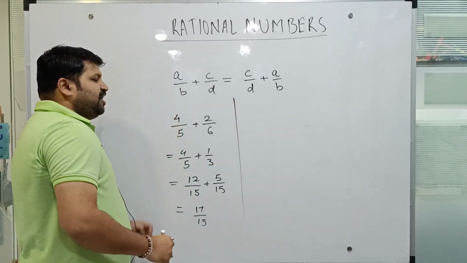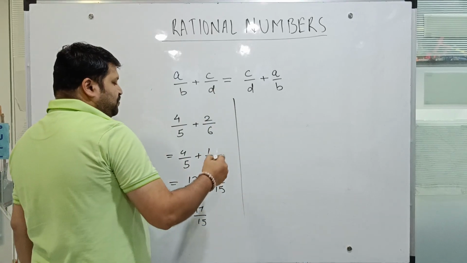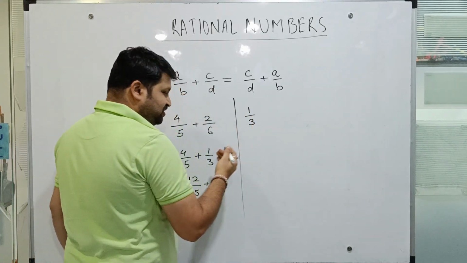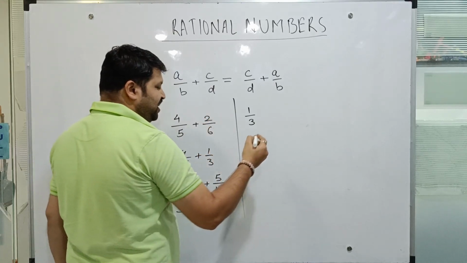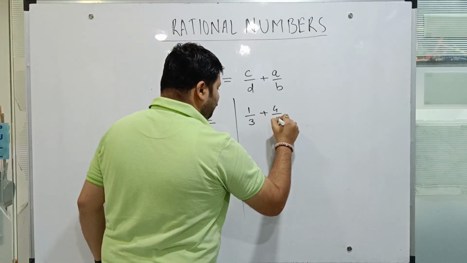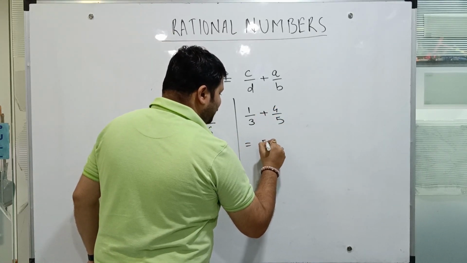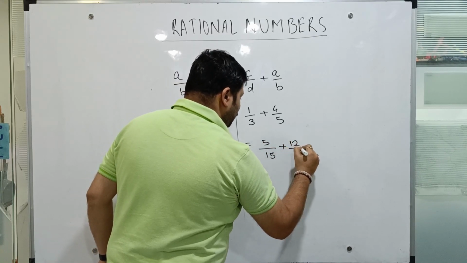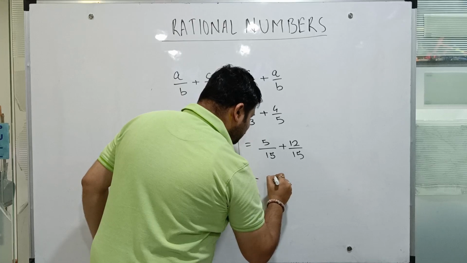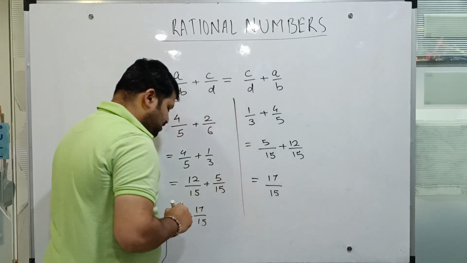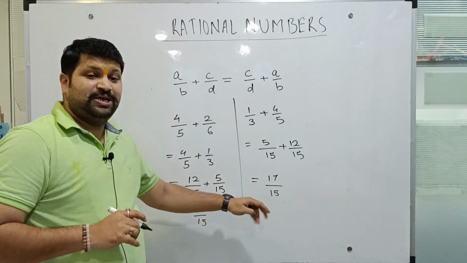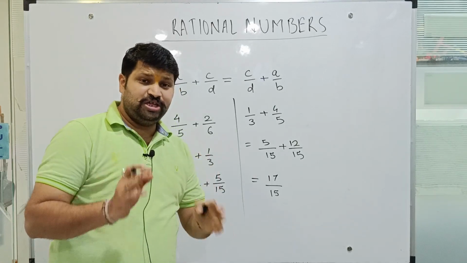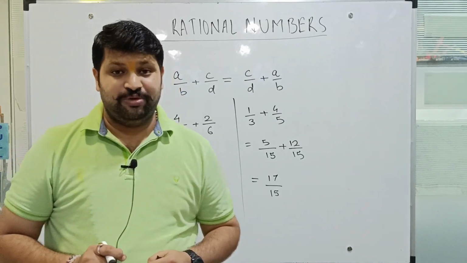Now, if I add it the other way around, what happens? So I'll directly take the standard form for 2 upon 6, that is 1 upon 3 plus 4 upon 5, giving me 5 upon 15 plus 12 upon 15, giving me 17 upon 15. So if you see, in both the cases, the answer remains exactly the same. This property is called commutativity.